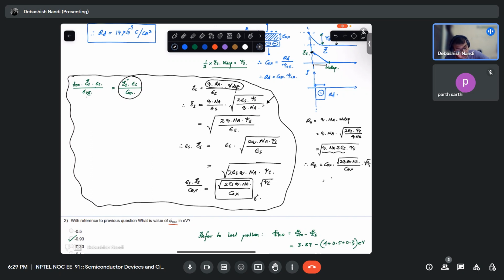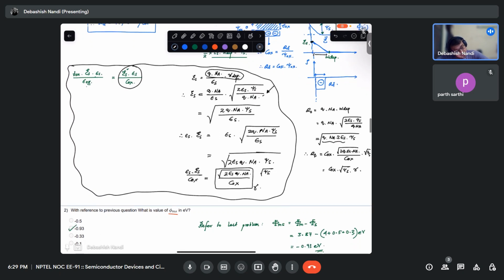That means Qd is nothing but Cox times root over psi s into gamma. So what is your psi s? Psi s is nothing but Qd square by Cox square times gamma square.